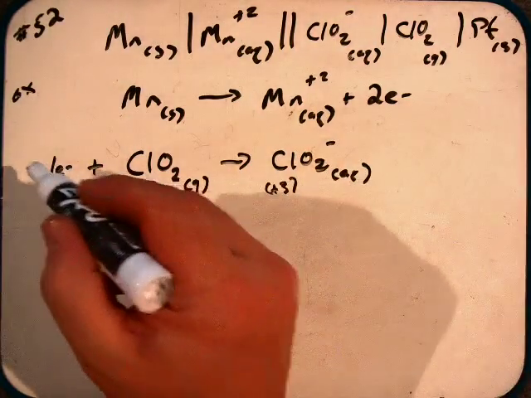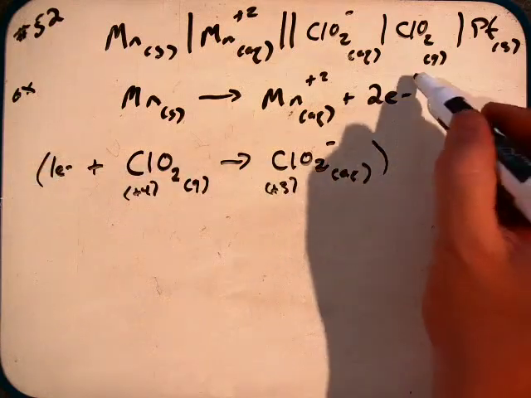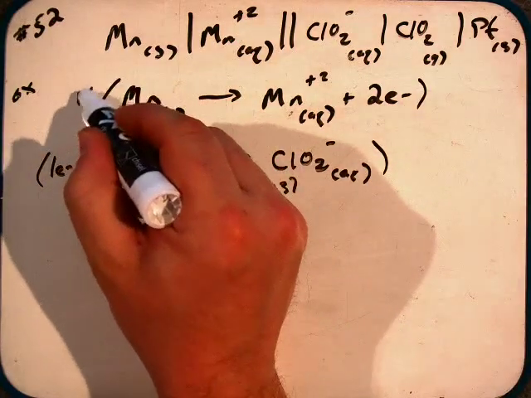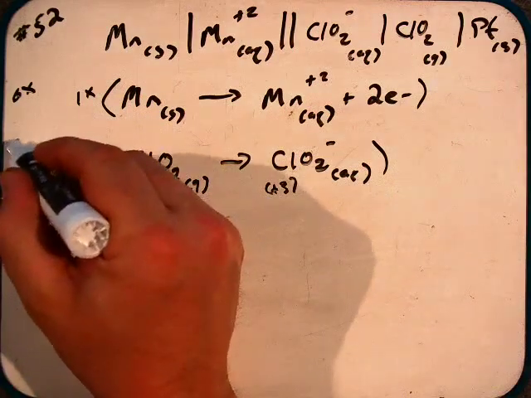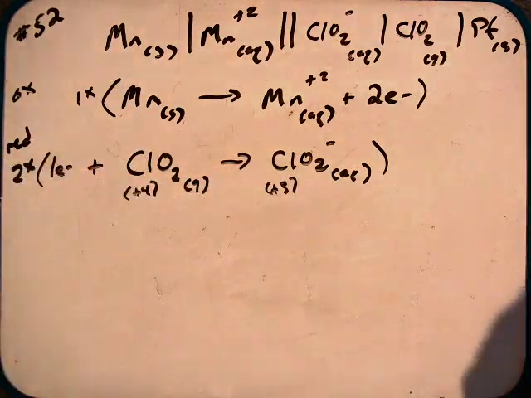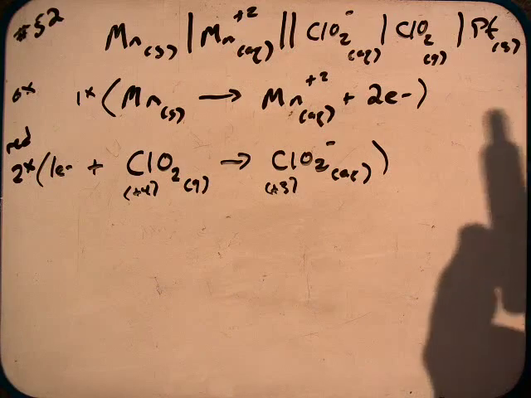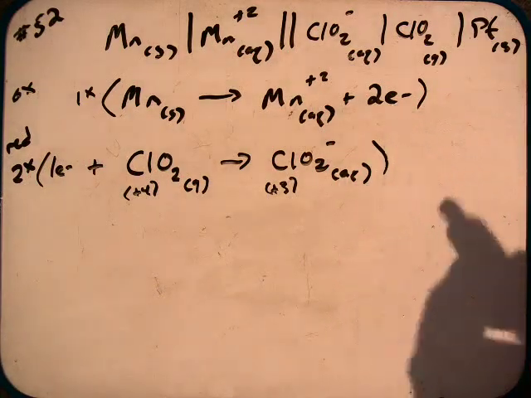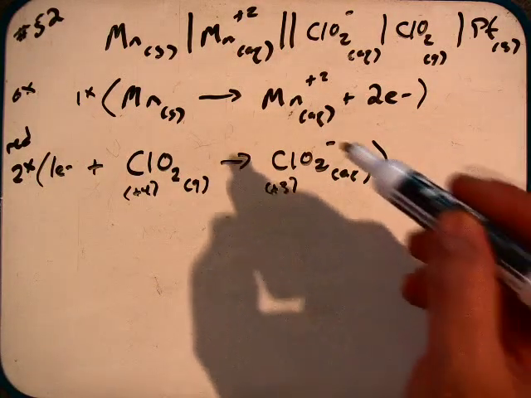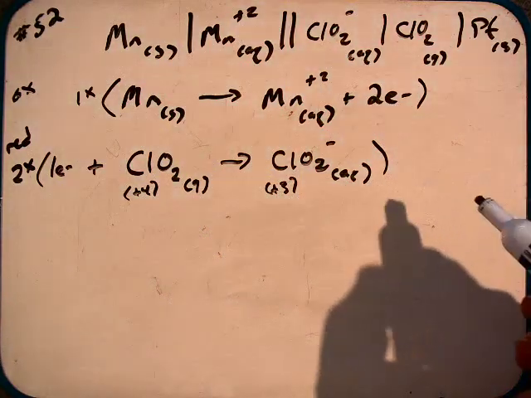Now that we know our electron count, we're going to cross multiply our oxidation and reduction by the number of electrons respectively so that those are equal, and then we add up the entire process.